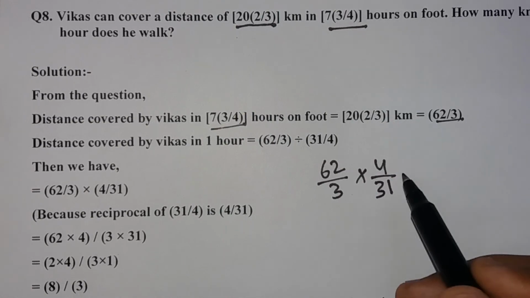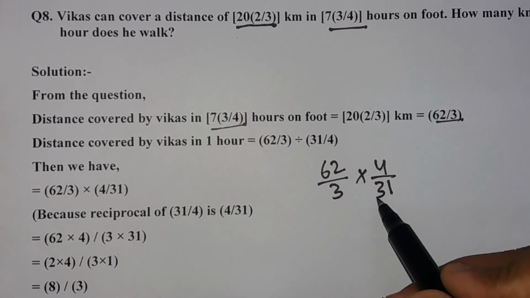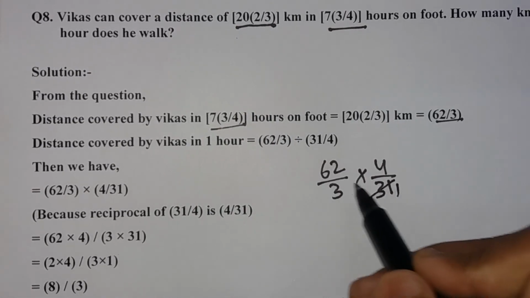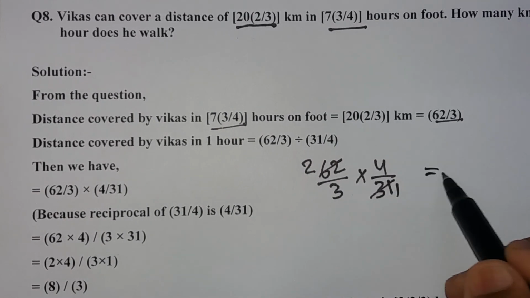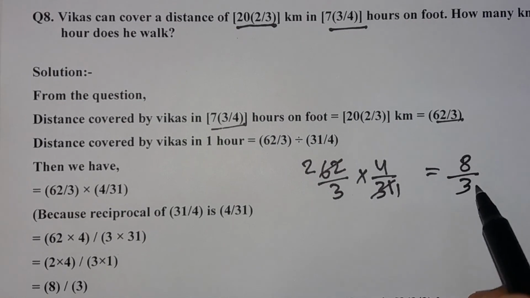By solving it, we can cancel 31 ones are 31 and 31 twos are 62. So 2 into 4 will be 8 upon 3.